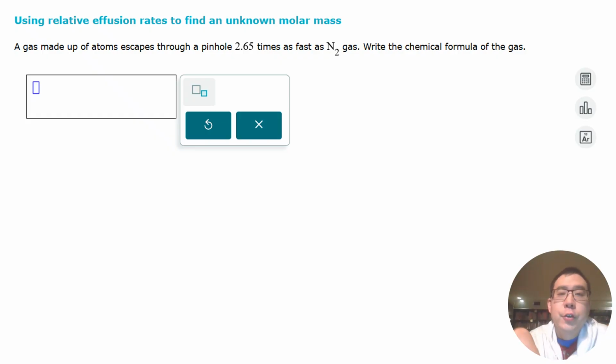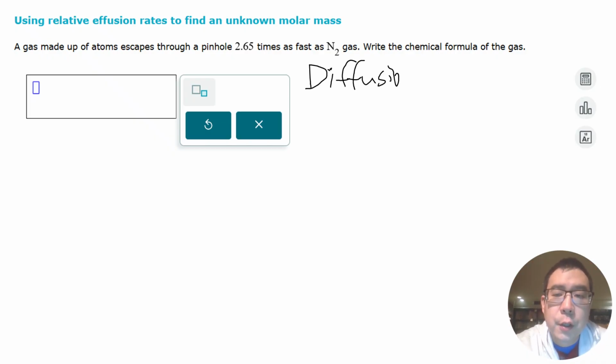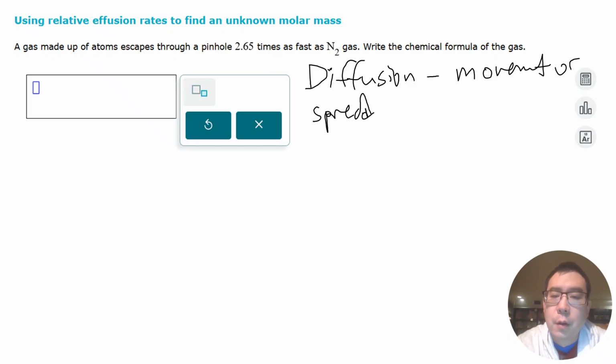And so diffusion is the word that you may have heard of before. Diffusion is very roughly the movement or spread of molecules or atoms through space.